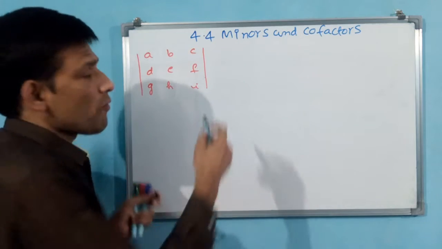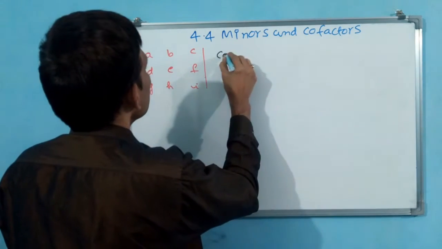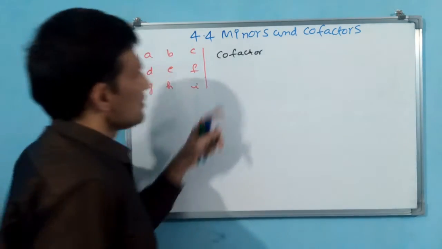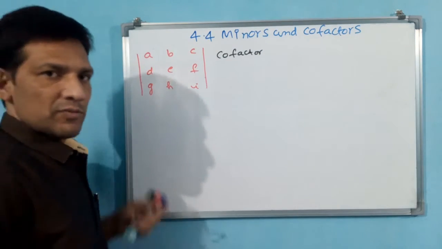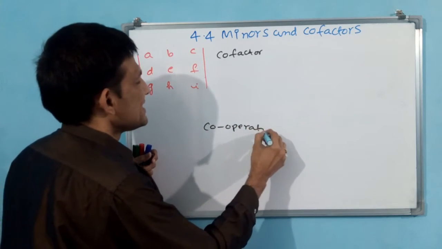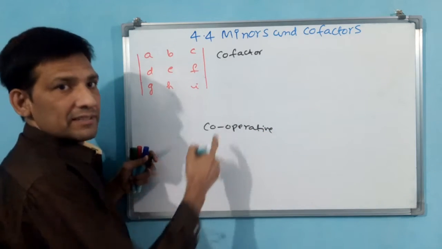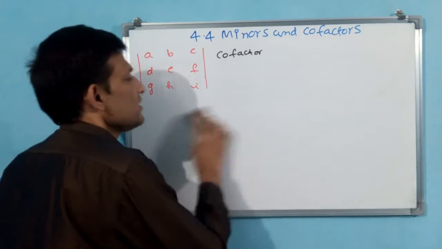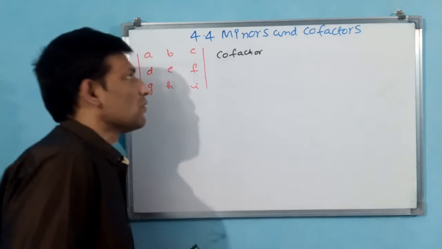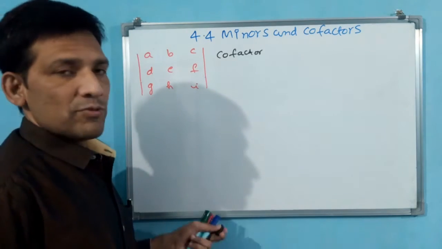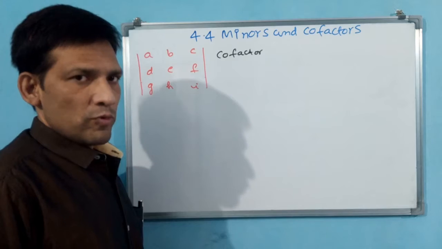I am writing now: cofactor. Cofactor is one single word, there is no dash in between co and factor. What is this cofactor?